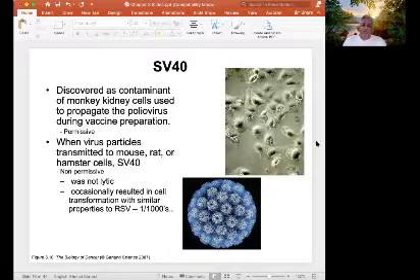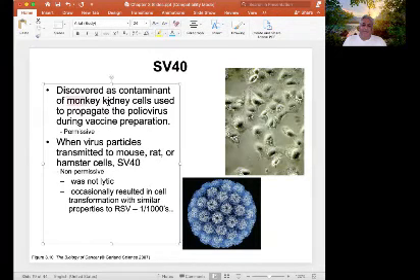So SV40 is a vertebrate mammalian virus that was discovered in monkey kidney cells, right? And it was discovered as a contaminant, actually, of the polio program, the immunization program to prevent the polio virus from spreading amongst the human population.